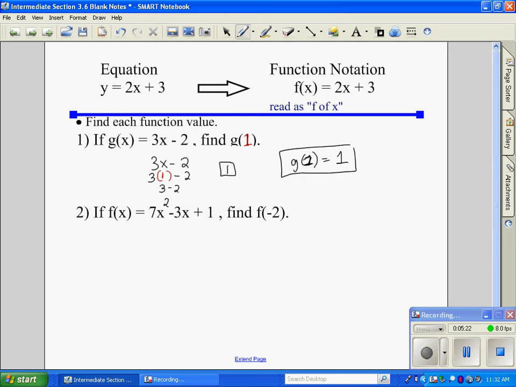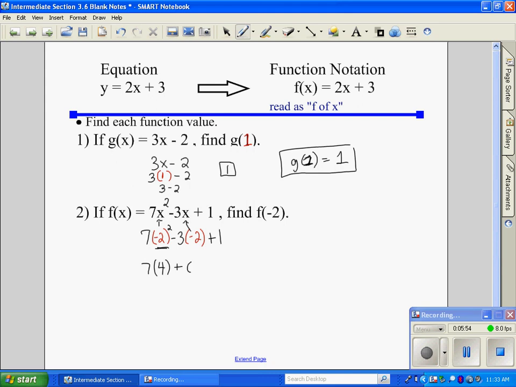Number 2 says if f of x equals that function, then find f at negative 2. That means everywhere x is at, I want to put a negative 2. Bring down everything else exactly the same. All I did was substitute negative 2 in place of all of the x's. Now I'm going to solve. Order of operations says do exponents first. That's going to be positive 4.